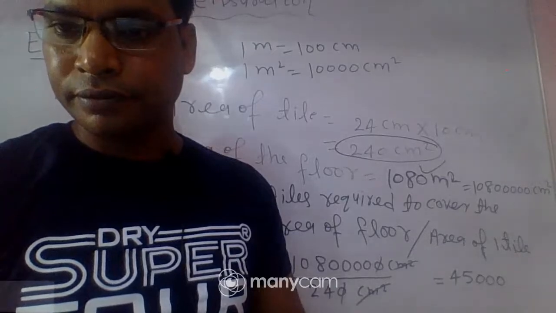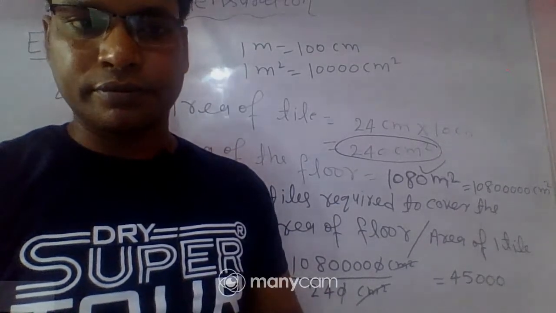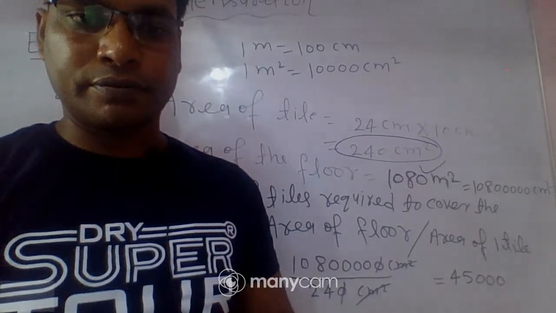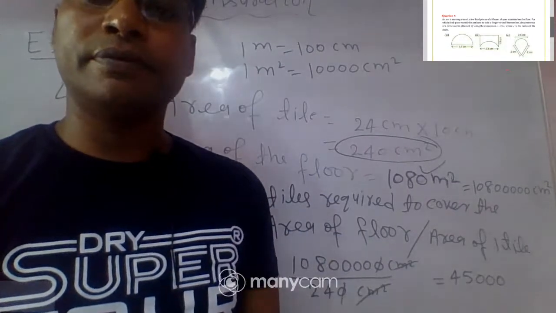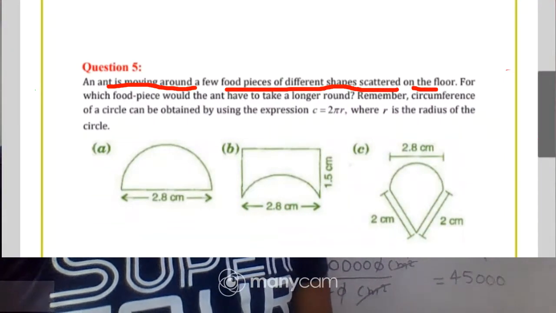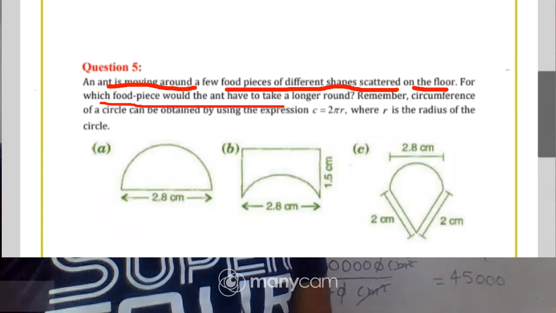Okay, let's see question number 5. Students, this is question number 5. An ant is moving around a few foot pieces of different shapes scattered on the floor.